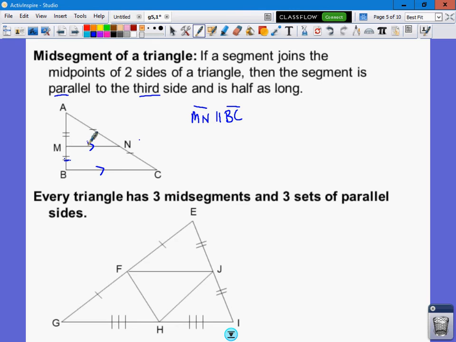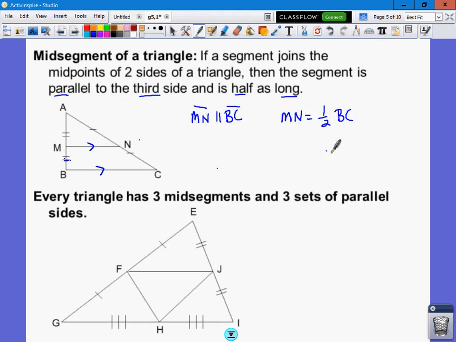I'd mark it in my picture and write it off to the side. The other thing is the mid-segment would be half as long as the third side. So MN is equal to half of BC.